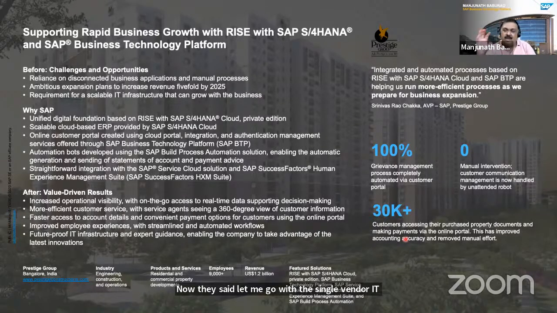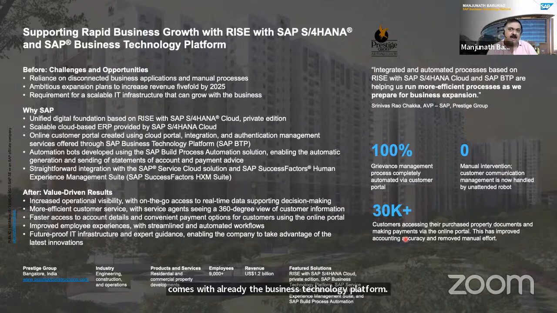Because they were already very heavy on the SAP application portfolio, they had our CX portfolio with SAP Service Cloud, and they had the SAP SuccessFactors solution already available. They also chose to go with us for the Rise with SAP or Rise with S/4HANA option as well, which, I don't know if Rajiv indicated, also comes with the business technology platform credits out of the box.